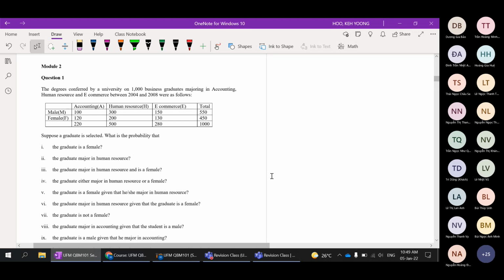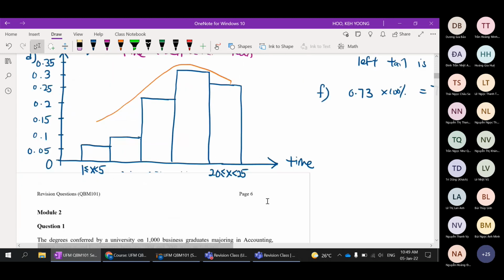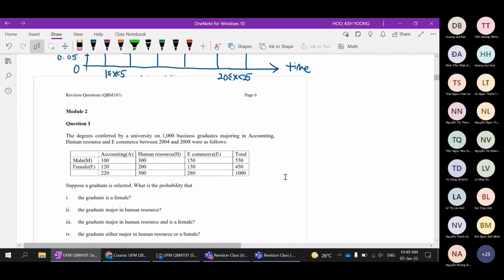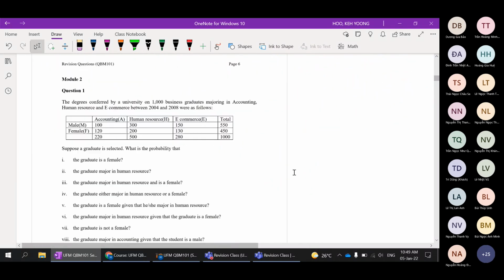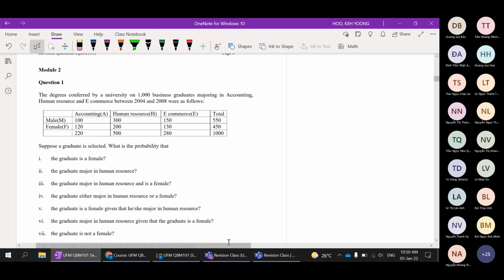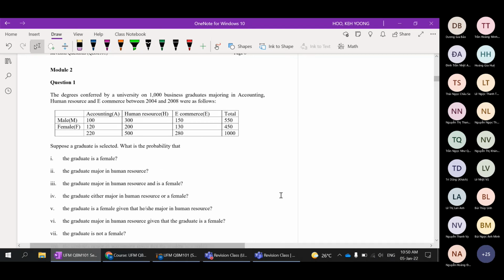So let's look at question 1. You are given a table: the degrees conferred by universities on 1,000 business graduates, majoring in accounting, HR (human resource), and e-commerce. So it's a two-way classification table. Based on the table, first you need to understand what the table is talking about.